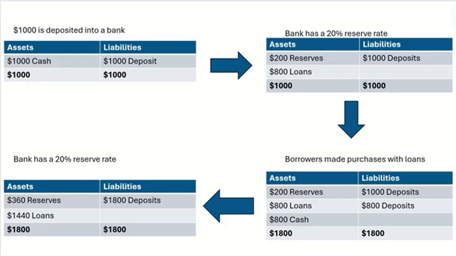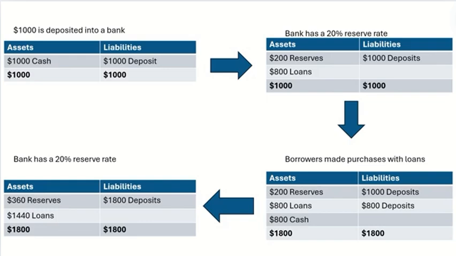And so moving on to the next step in this is that borrowers make purchases with these loans. So your reserves and your loans will stay the same. However, the bank will see an influx of cash of $800. This is because the borrowers took that money in the form of loans and went and paid a company or a business for their services, and in turn that company or business deposited that $800, or the sum of the loans, to the bank for safekeeping.